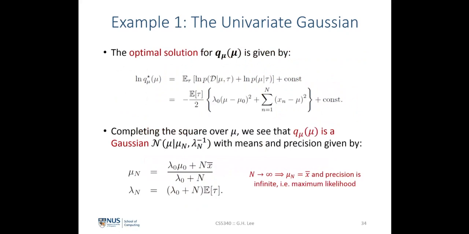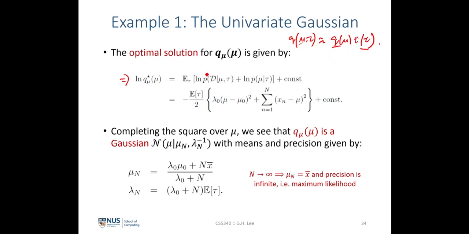Now, the optimal solution for q mu can be obtained from this expression, since we assume the mean field approximation theorem, where q of mu and tau can be simply approximated by q mu as well as q of tau. So we will be able to find the optimal solution for these two terms separately.